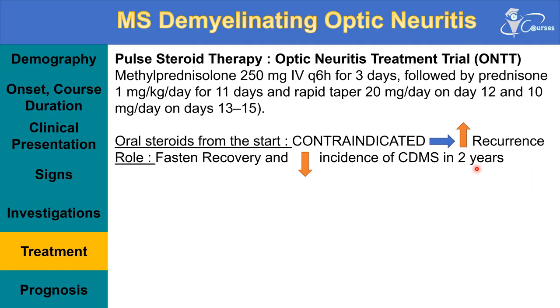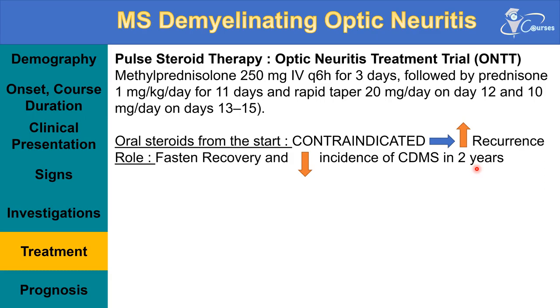Okay, so what about those who received oral steroids from the start? It is contraindicated. The most important finding about this study, and it's asked always in any clinical exam or oral exam, is whether you should give oral steroids for those patients from the start.